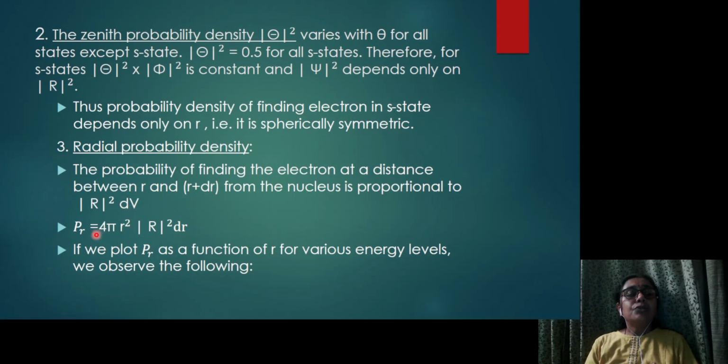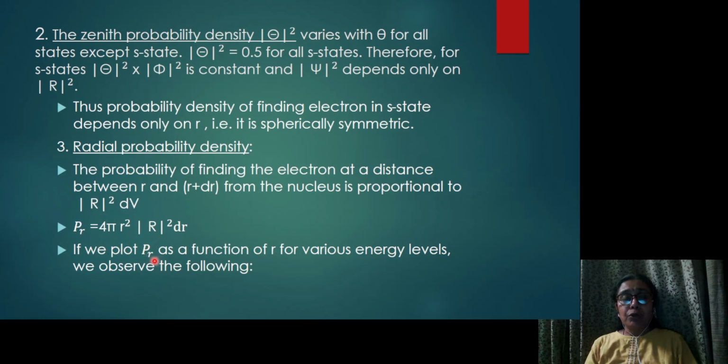The probability will be equal to 4 pi r square into mod R square into dr. So we can see that this radial probability depends upon r and the function capital R.